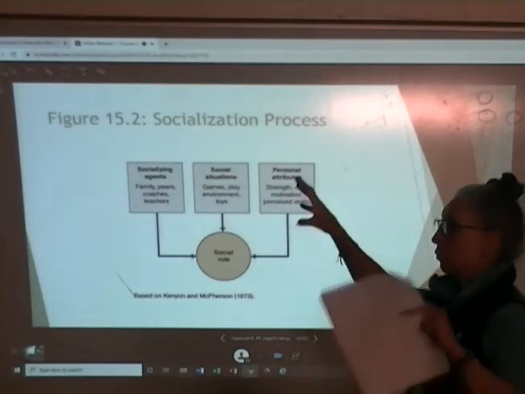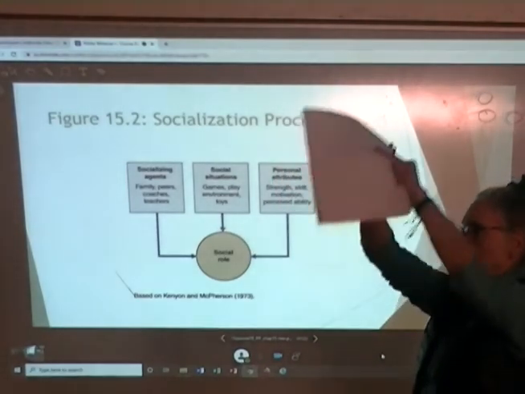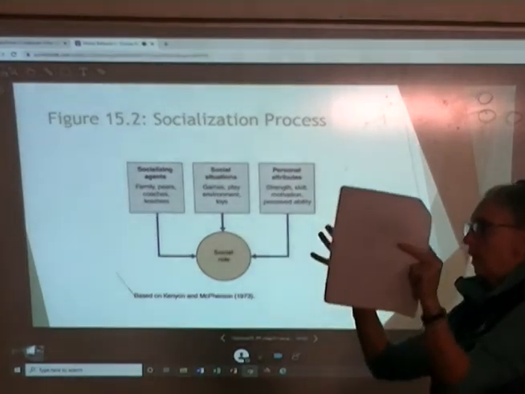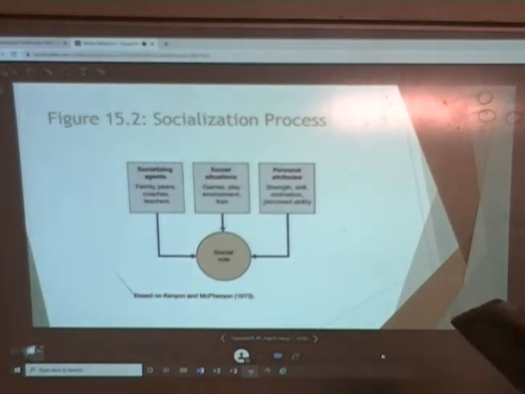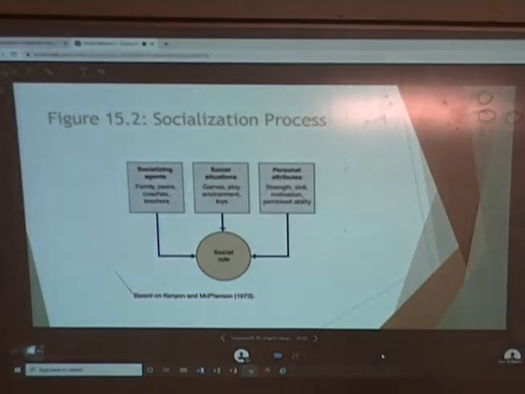So these 3 things kind of float together and create my social role, right? How I learn my social role, okay? So that's quite important to pay attention to, because again, if you are working with people from a different culture or a different society, their social role is going to be different than yours.